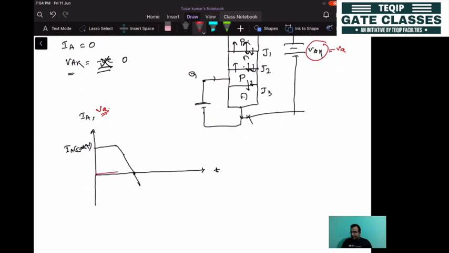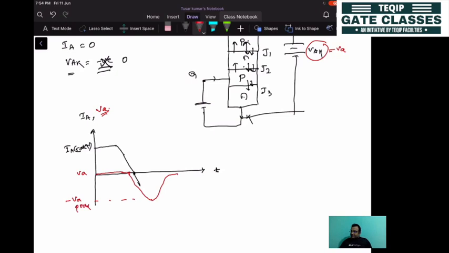But when we are going to make it off, you have to apply a negative voltage for a certain duration. This is the variation of VA, and that is the peak value of the negative voltage, so it is minus VA.